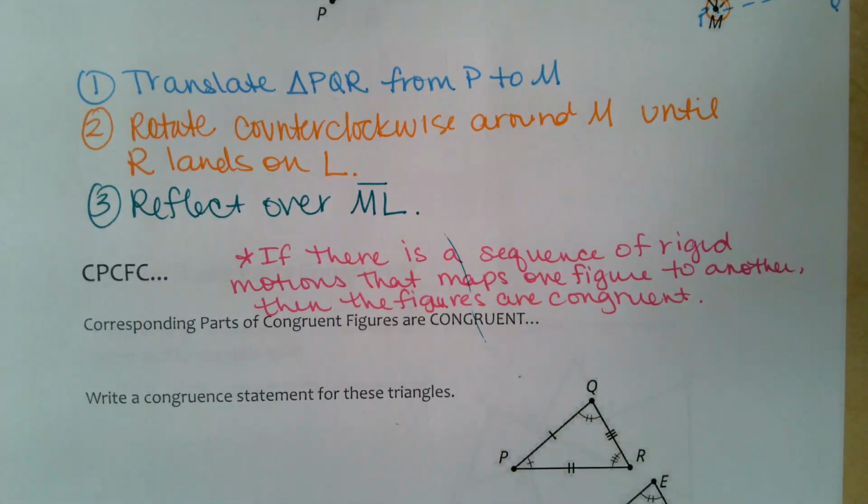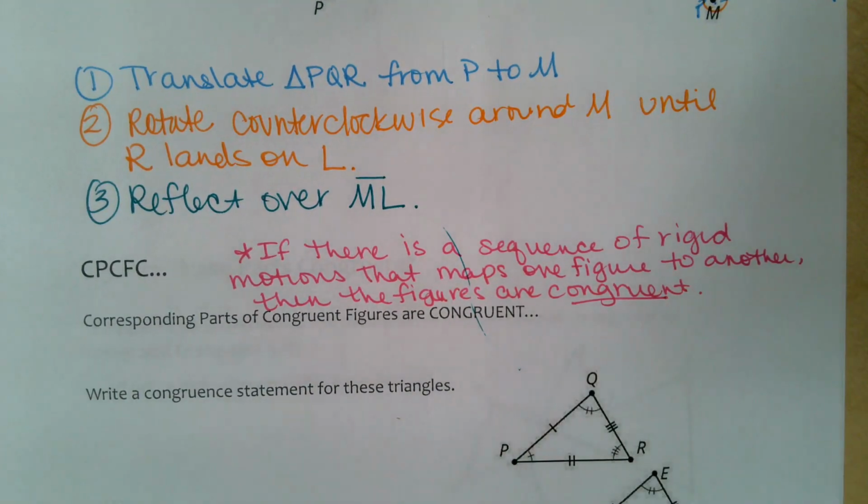Okay, that's actually like our definition of congruence, if you remember from the last chapter. All right. Again, if you need to pause it, you are welcome to pause it.